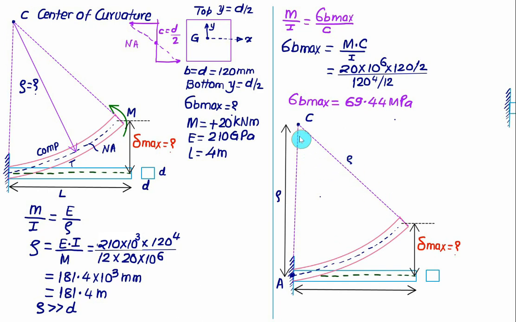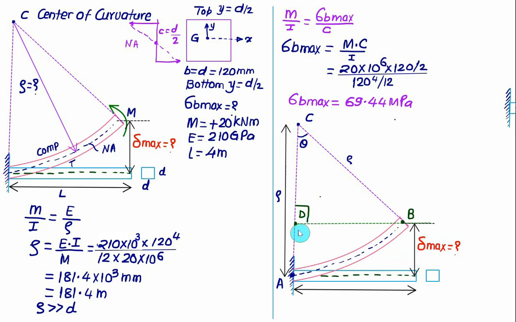Let's say the angle formed here is theta, and we draw a horizontal line from point B, which meets the vertical at point D. Now we have formed a right angle triangle, and in it we can calculate the value of theta. Once we calculate theta, we can calculate the vertical length CD, and then rho minus CD will be equal to delta max.